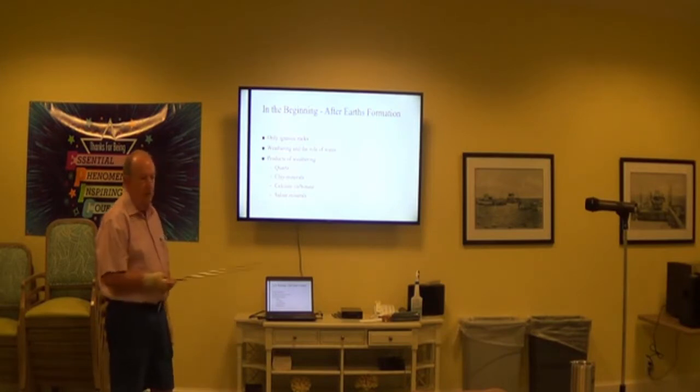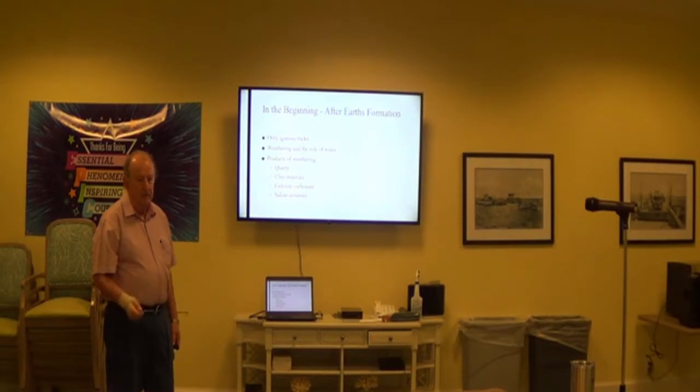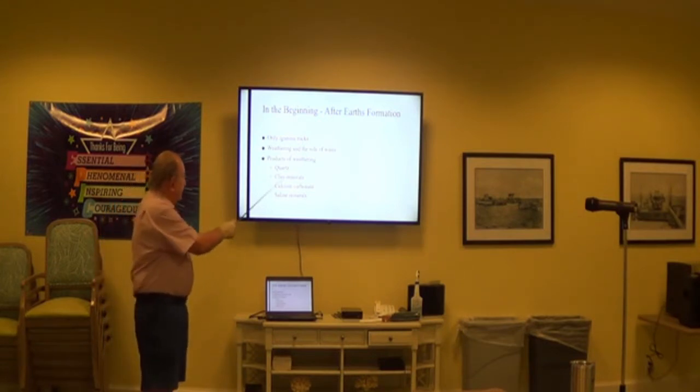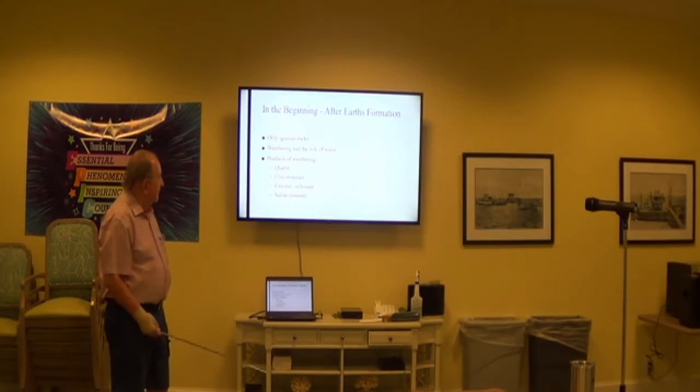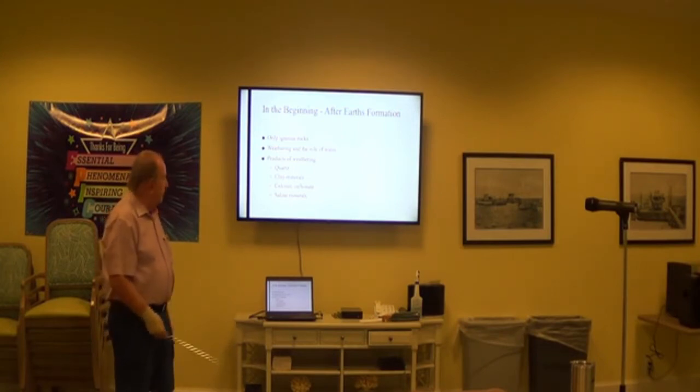Igneous rocks are composed of quartz and a whole bunch of other minerals, some of which, when they weather, produce clay minerals, some of which produce some calcium carbonate, and some salts. And eventually, these are deposited in the oceans that it formed.